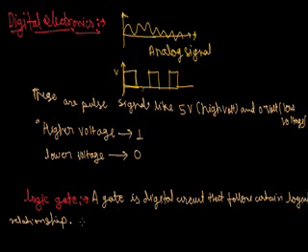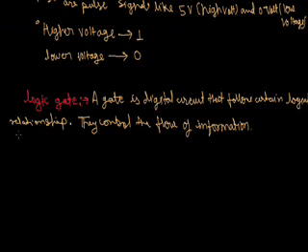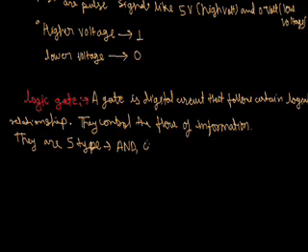They control the flow of information. And they are of five types: AND, OR, NOT, NAND, and NOR.